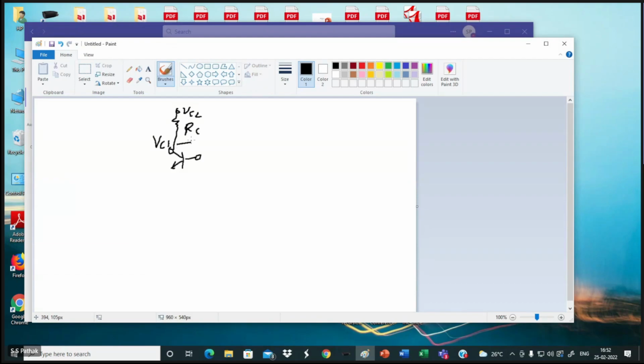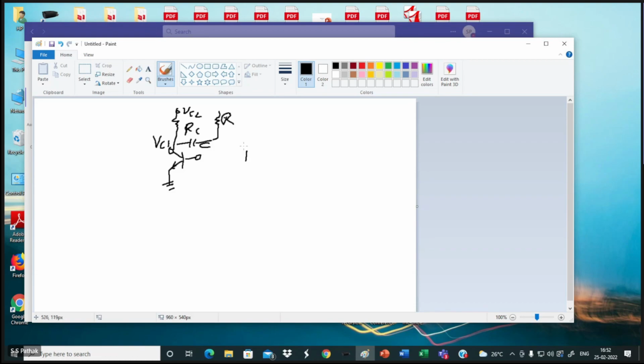A capacitor was here. There was a resistance here. As I said, you can trigger the multivibrator with a positive pulse, with a negative pulse both. I have put this as R. This is my C.